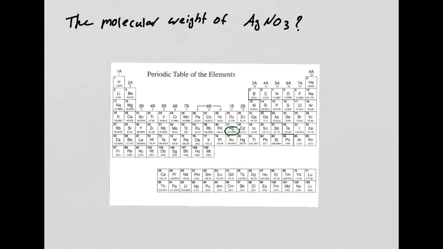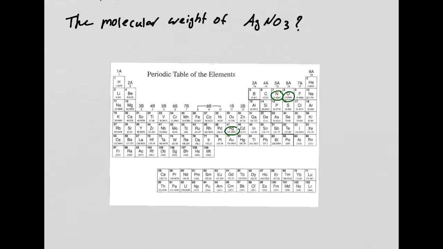Then nitrogen, here is nitrogen. I have 1 nitrogen, and then oxygen. How many oxygen do I have? I have 3 oxygen. So it will be 3 times that number plus 1 nitrogen plus 1 silver. You have to add them up together.